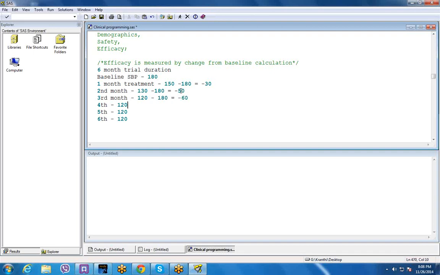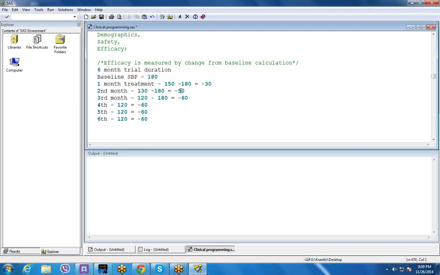Later, in the fourth month, it is the same, minus 60, it got stabilized, and it is the same minus 60 after that.